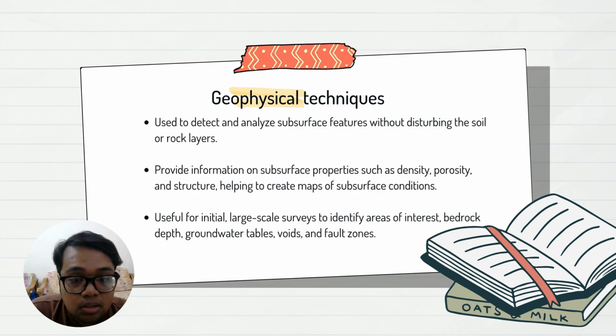So by scanning the condition of the soil, we can get this kind of information. So the output will be used as our observation on the site. And the technique is useful for initial large-scale survey to identify the areas of interest, bedrock depth, groundwater table, voids, and fault zone in the area that we took the data.